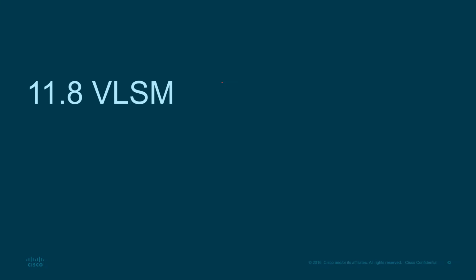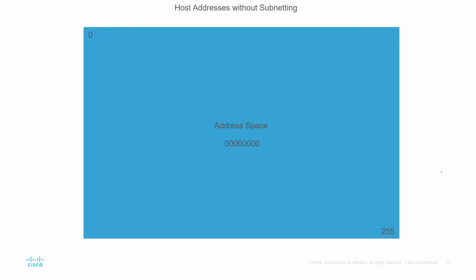So in order not to waste addresses, we have developed variable length subnet masking. Now, think of this as our original address space for a Class C address. In a Class C, only the last octet is host addresses.